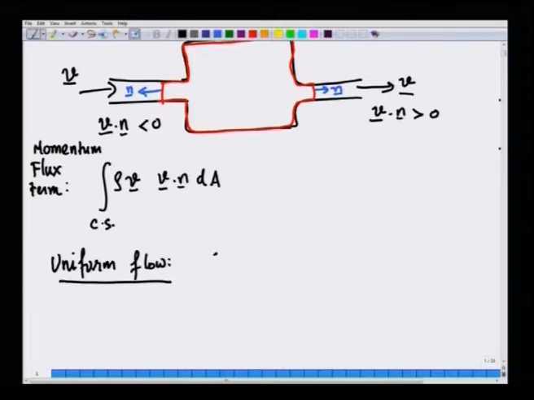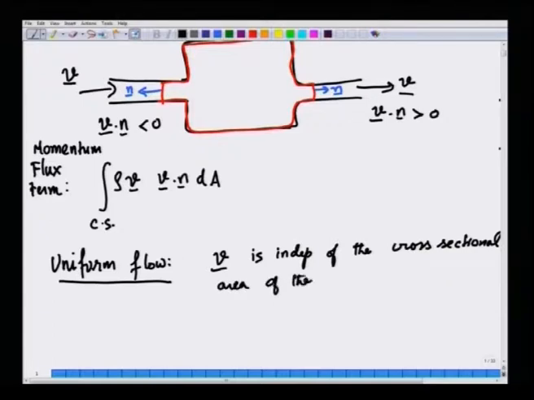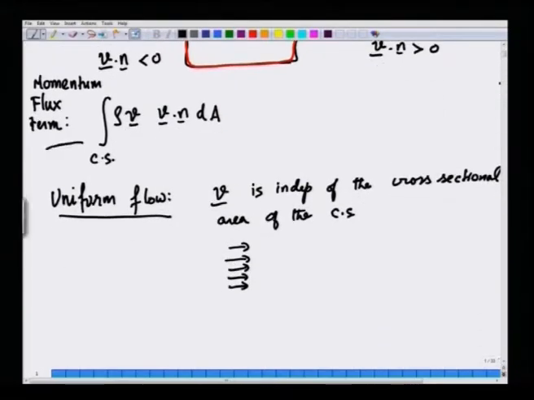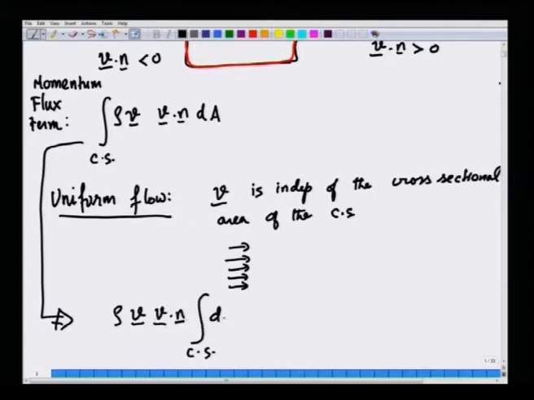If the flow is uniform, then v is independent of the cross sectional area of the control surface. This implies that the velocity is a constant. So, the equation will simplify to the following: rho v dot n integral over all control surfaces dA.